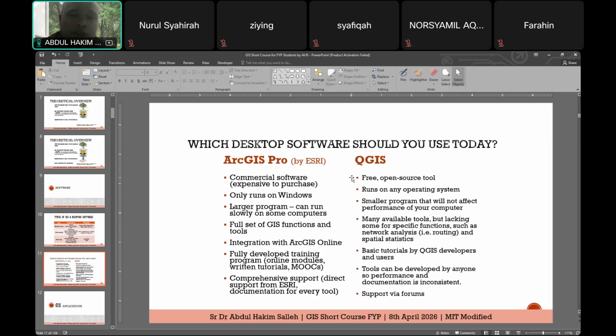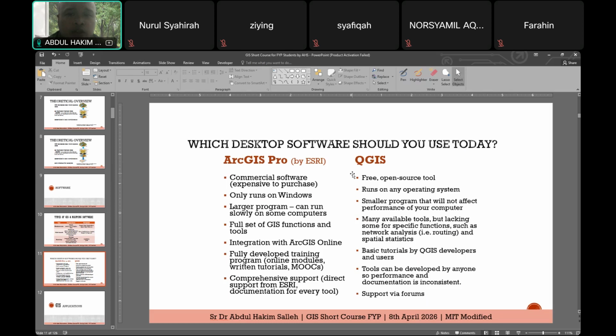But for the typical analysis, Quantum GIS has reached a researchable state, as you can say. It is not being rejected by researchers worldwide.